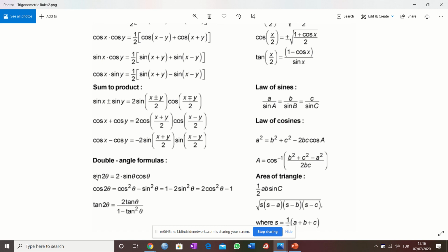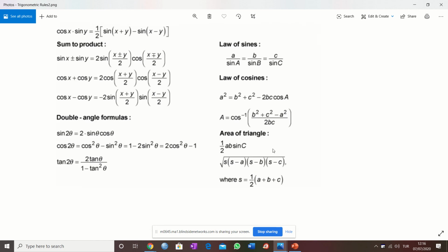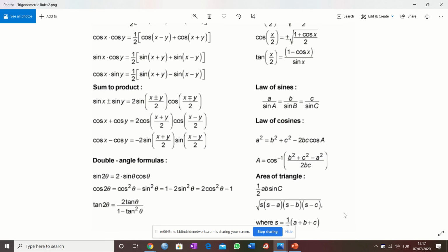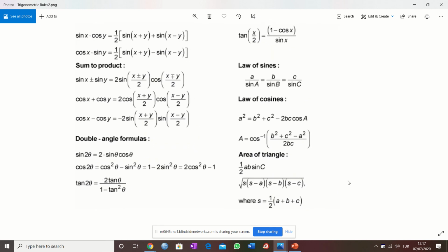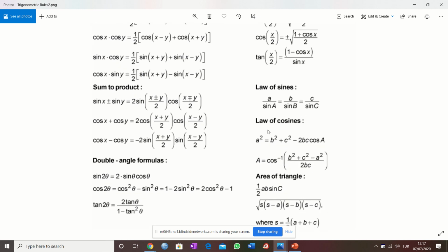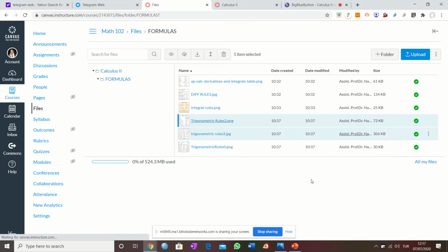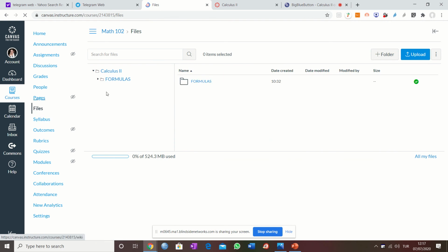When we have sine 2 theta, cosine 2 theta, or tangent 2 theta, we have several formulas regarding this. And the area of a triangle, we also have this formula, which should be discussed also in Calculus 1. Okay, so let us pass to the other rules from here. These are some rules from Calculus 1, and they are available to you, as I say, from the files section in your Canvas platform.